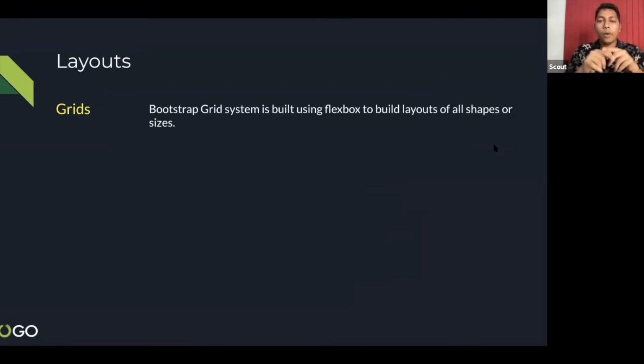A whole web page is divided into 12 different columns, and those columns construct the whole grid system, right? The Bootstrap grid system is built using Flexbox. We normally use grids in day-to-day web development to build complex layouts, simple layouts, and different shapes and sizes of components.